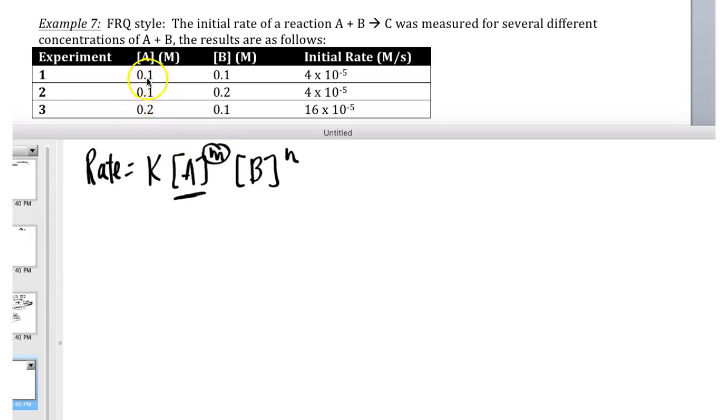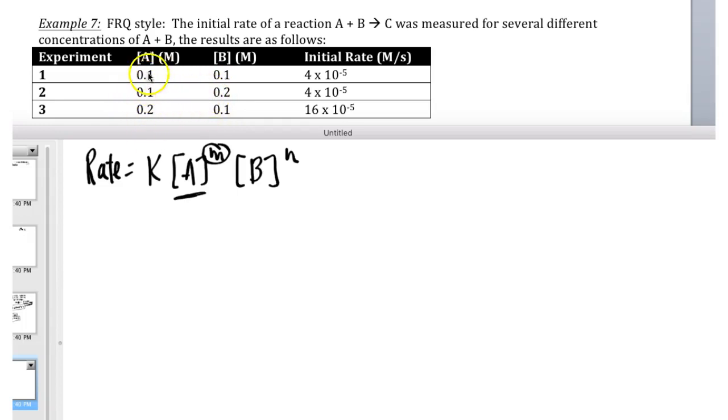So what you do is you look for two experiments where A changes but B stays the same. So for example, here, experiment 2 and 3, it doubles, right? It doubles, 0.1 and 0.2. But here, it's not the same. So we can't use 2 and 3.